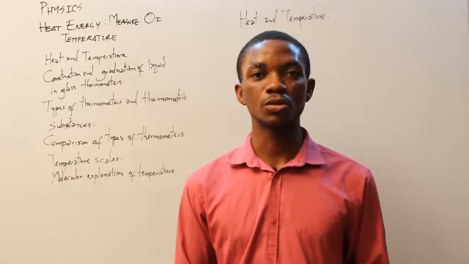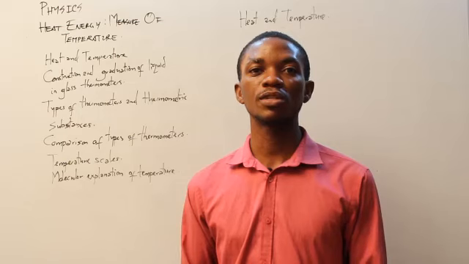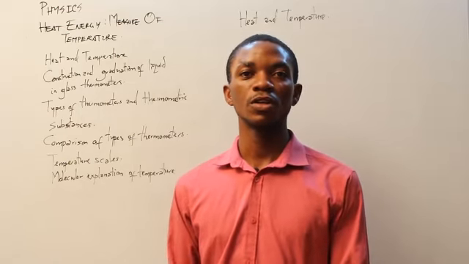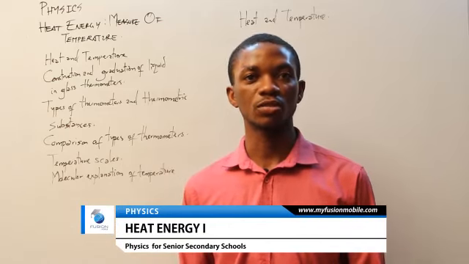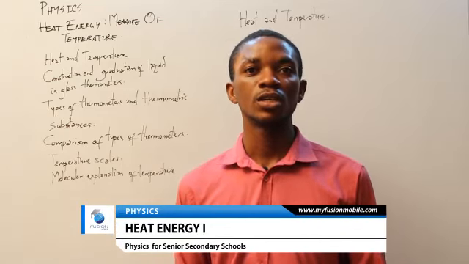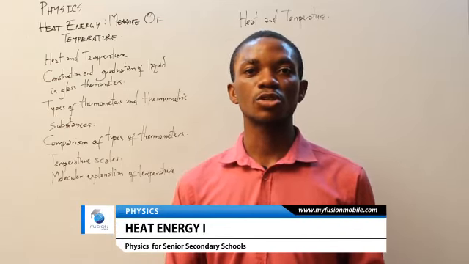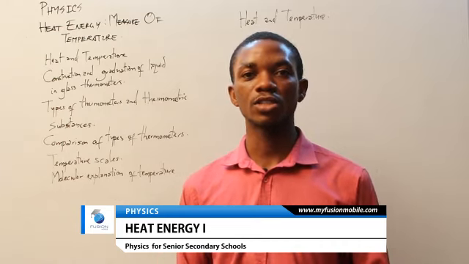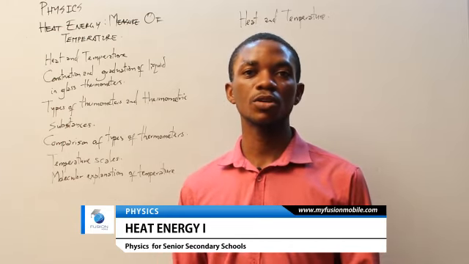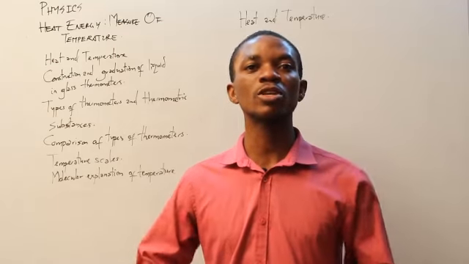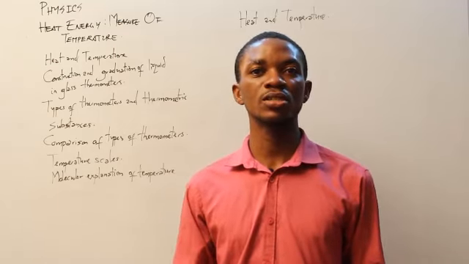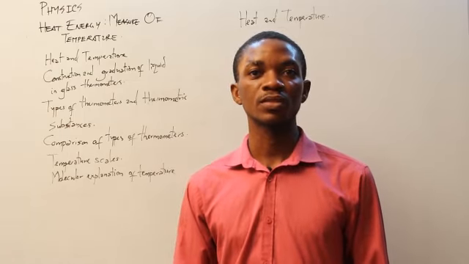Heat is measured in joules, while temperature is measured in Kelvin, or degrees Fahrenheit, or degrees centigrade or Celsius, which is the Celsius scale. Heat is associated with physical and chemical changes, but temperature is not associated with any kind of change. Rather, it is just a measure of whatever changes may have happened.